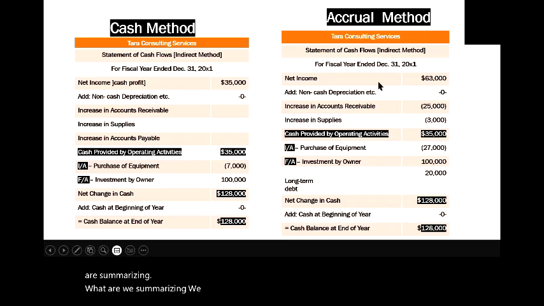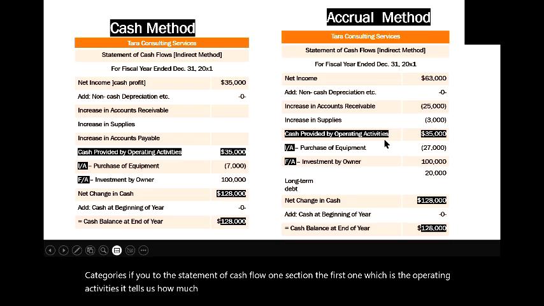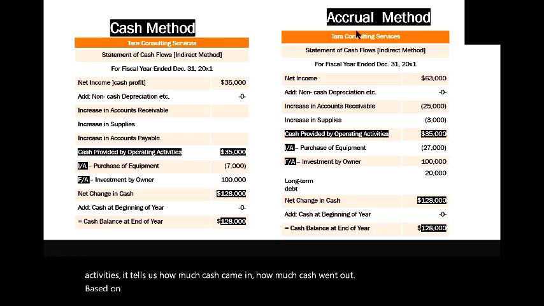We're summarizing sources of cash and uses of cash. There are three categories, if you will, to the statement of cash flow. One section, the first one, is the operating activities, which tells us how much cash came in and how much cash went out based on your operations.